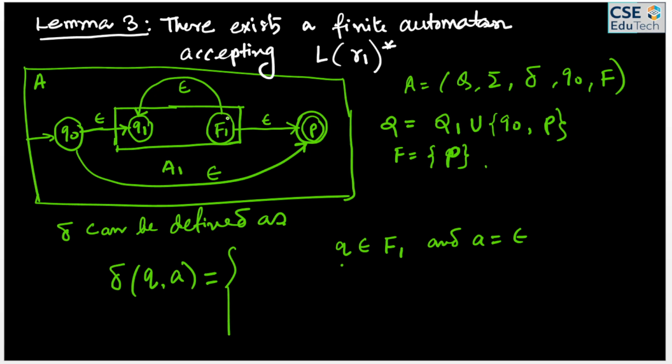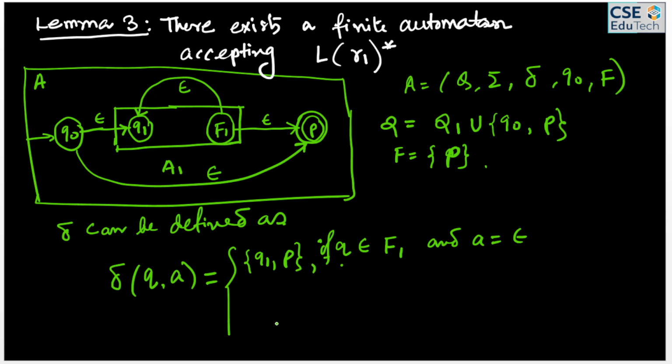You can go from this state with epsilon moves to Q1, or with epsilon moves we can go to state P, which is the final state.